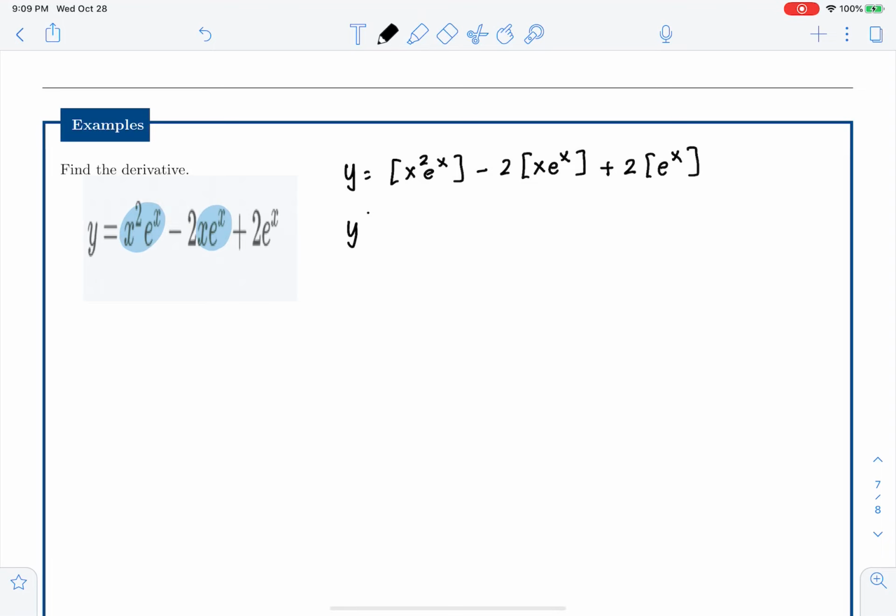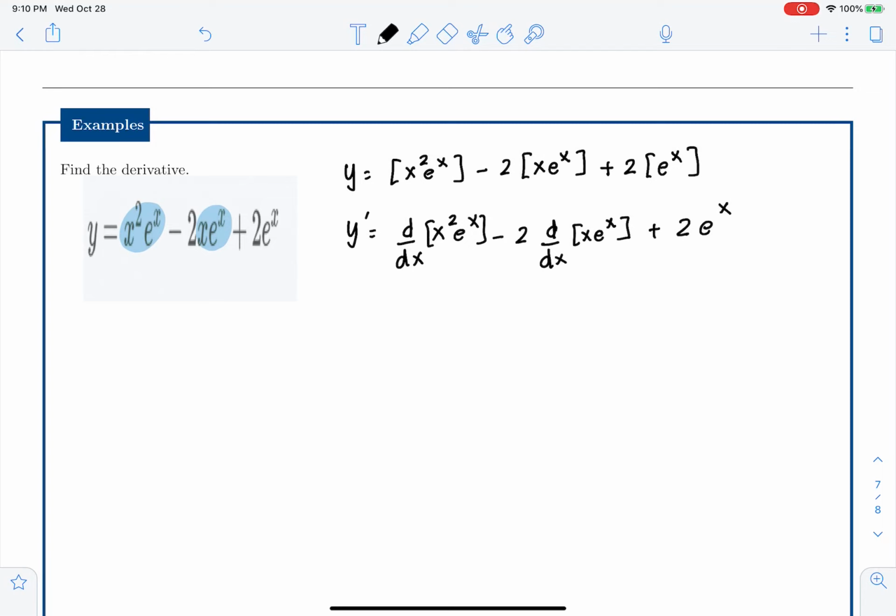So y prime is the derivative of x squared e raised x minus 2 times the derivative of x e raised x plus 2 times the derivative of e raised x, which is simply e raised x. So that part is easy.